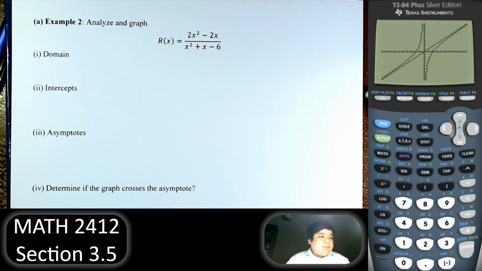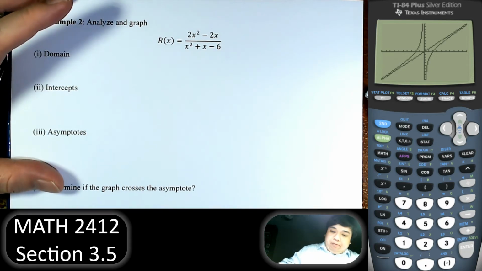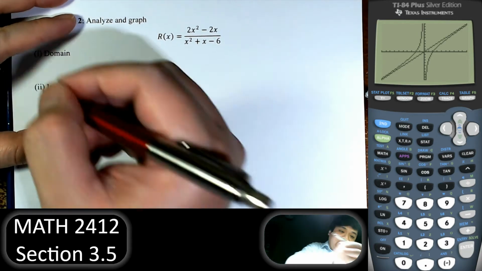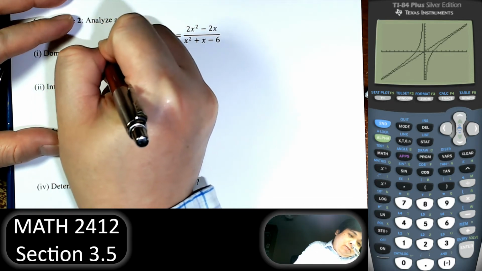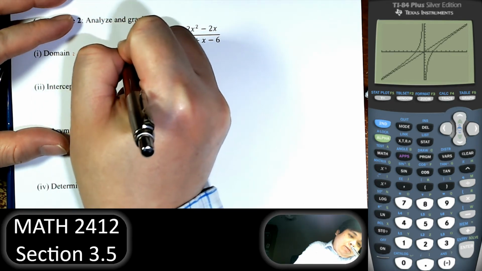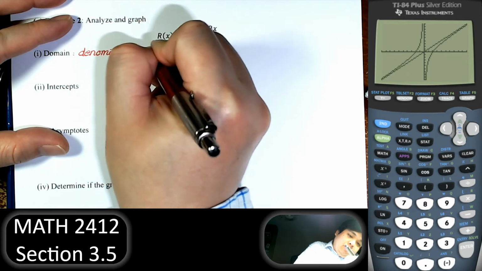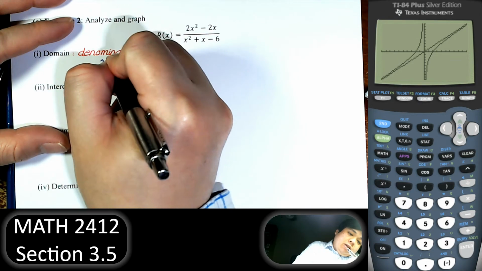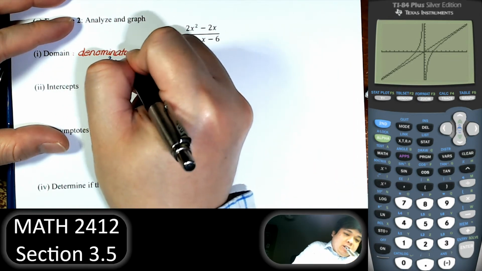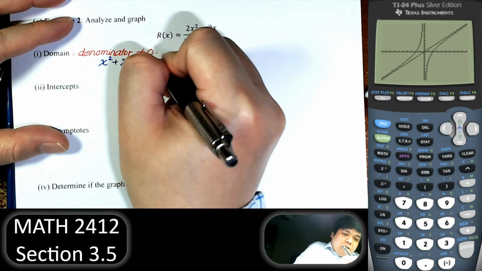The domain is, of course, the denominator not equal to 0. So x squared plus x minus 6 not equal to 0.